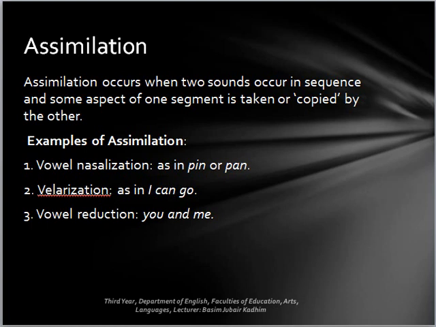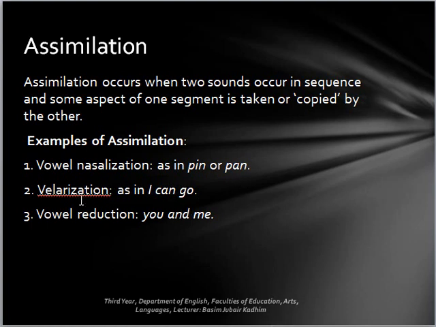And here we have different types of assimilation. We have nasalization, when the influence is taken by nasal sounds. We call it in Arabic idgham bighunna. Vowel nasalization, as in pin, pan, so the influence is by the last nasal sound, n.